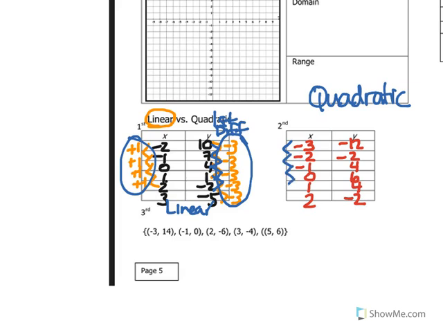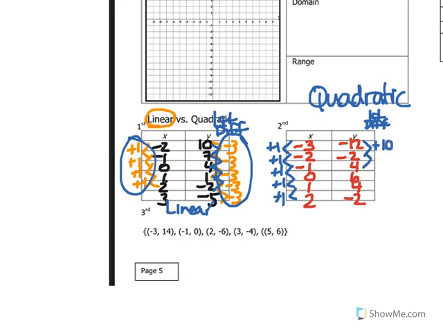Again, let's look at our x's. Our x's are all going up by 1s. So this is a pattern that occurs when our values on the x column are going up by 1. Let's look at what the values are in our first difference on the y's. Between negative 12 and negative 2, we went up plus 10.